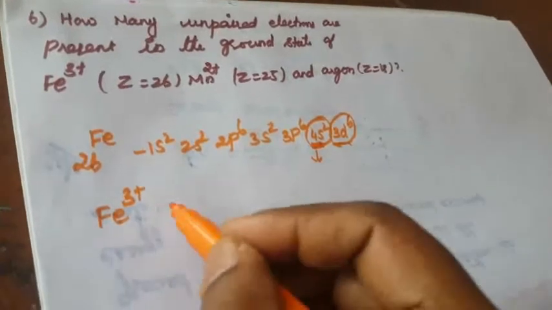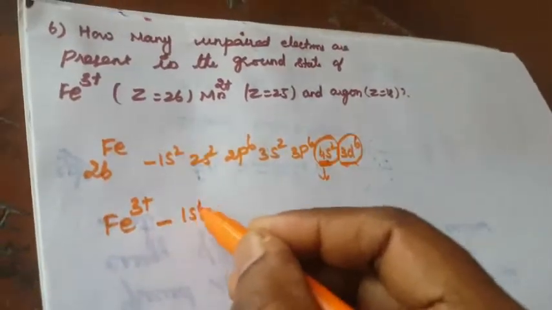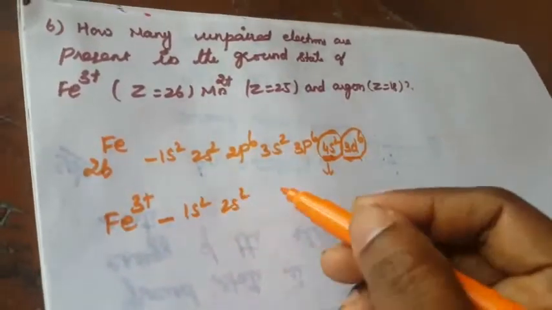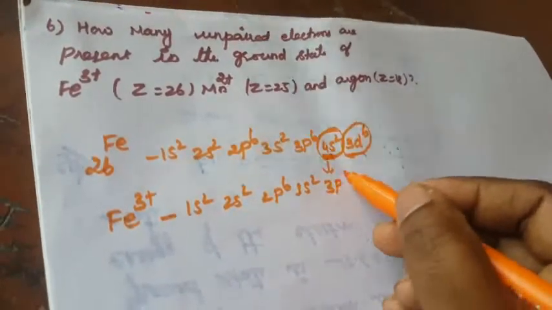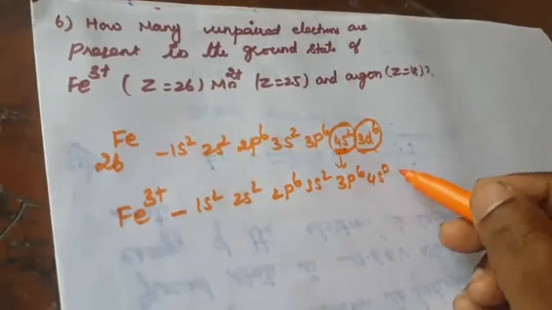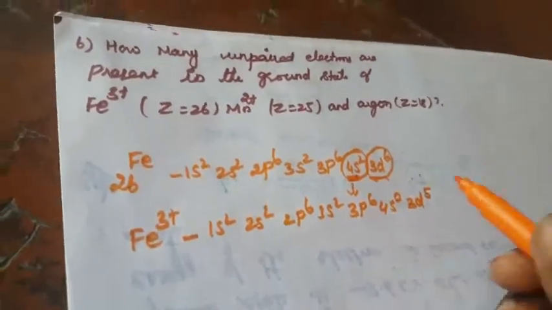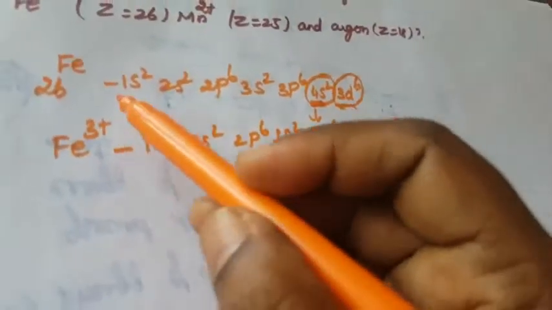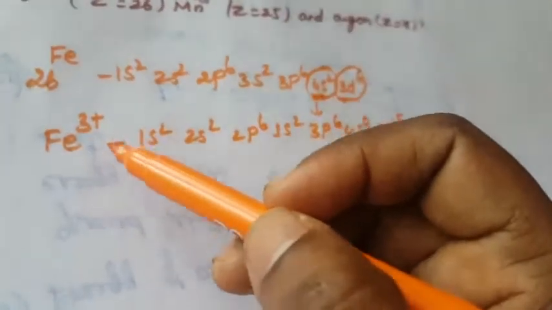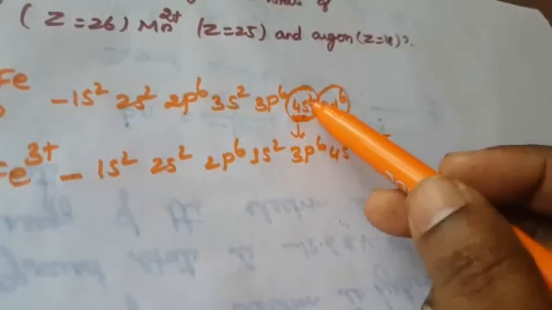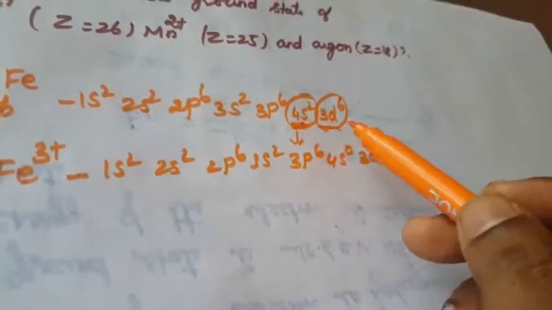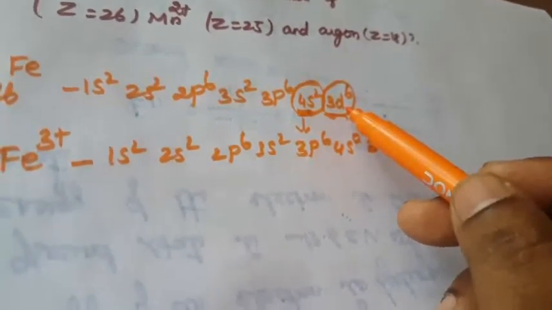So here you are writing the Fe3+ electronic configuration: 1s2, 2s2, 2p6, 3s2, 3p6 and 4s0 and 3d5. Because of loss of electrons, when your atom becomes 3+, it loses 3 electrons. 2 electrons are removed from the s orbital and 1 electron is removed from the 3d orbital.